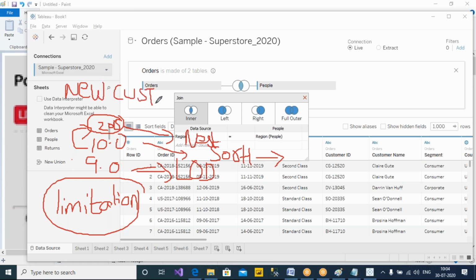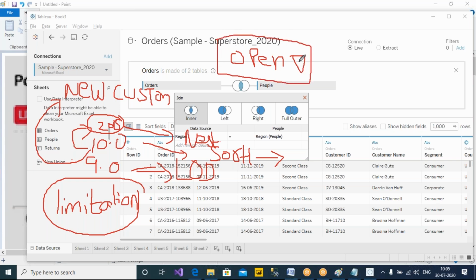So when you connect to the Excel file in 10 and click on the open button, there is a drop down which many people don't observe. When you click on this drop down, you can use the option New Custom SQL. So you can write a query and get the required data. That option is removed in the latest versions, after 10. So every version has limitations of features.